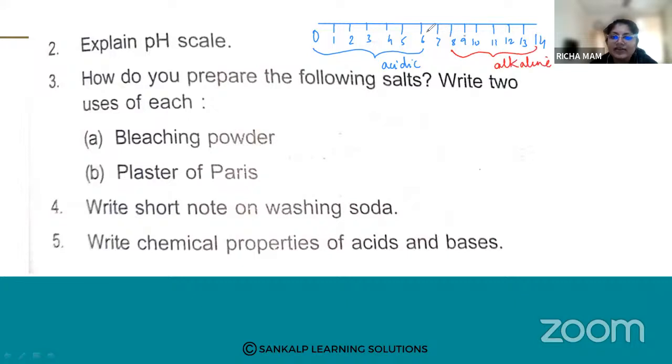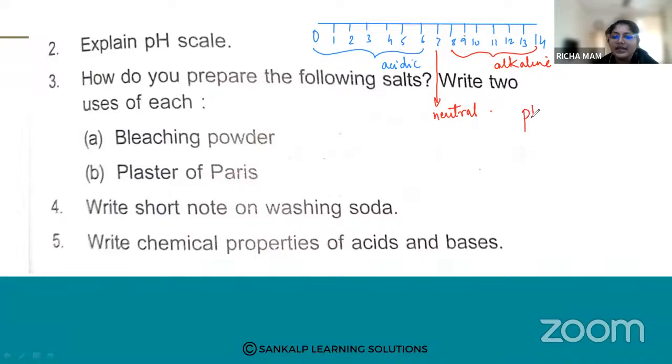And 7 is neutral. So this is about your pH. The pH scale measures how acidic or basic a substance is, and it will scale from 0 to 14.